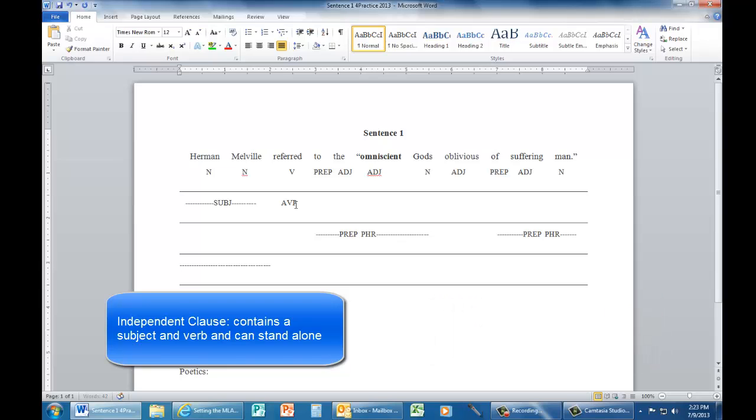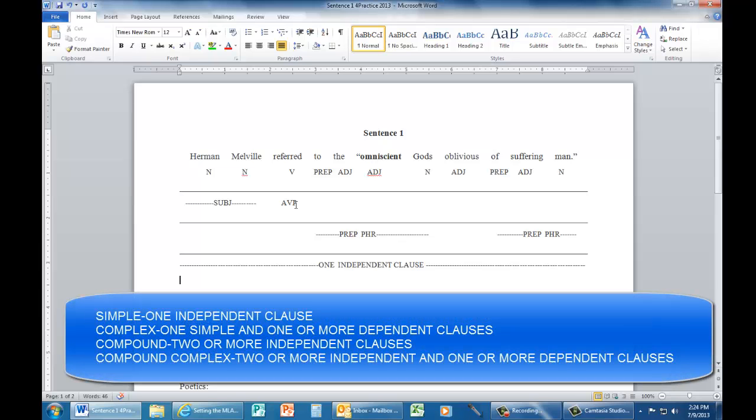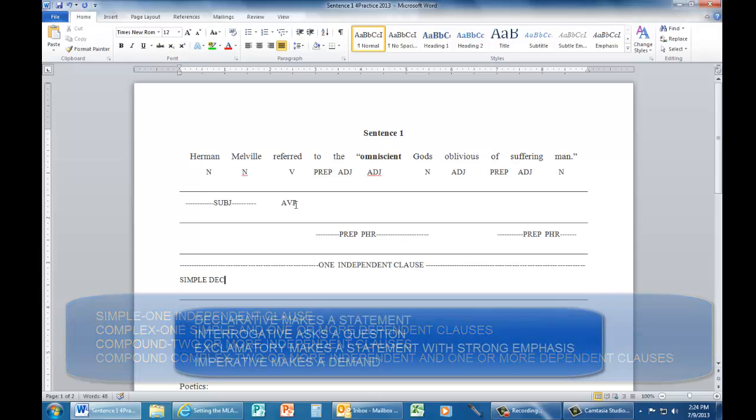Again, using our dotted lines, we will identify this as one independent clause. The last thing on this list that we need to do is identify the sentence type. Because it is simply one independent clause, we will identify it as a simple sentence, but also a declarative sentence.